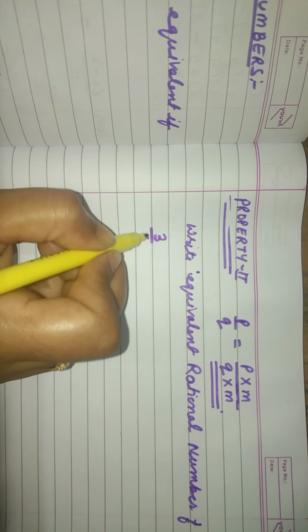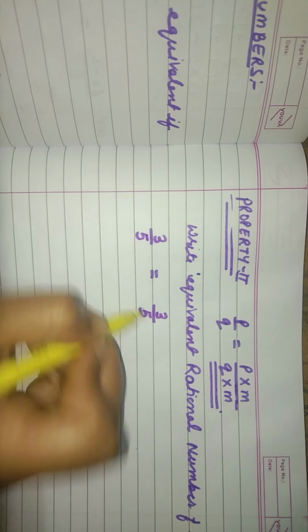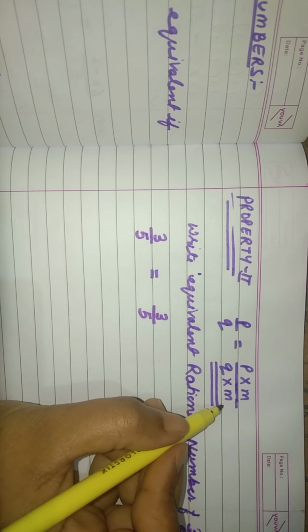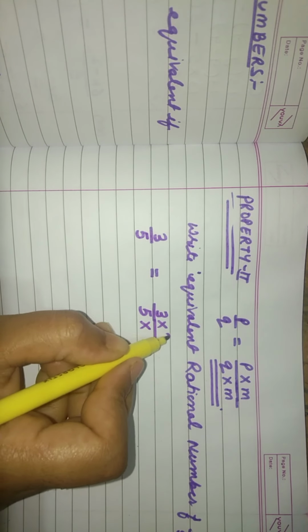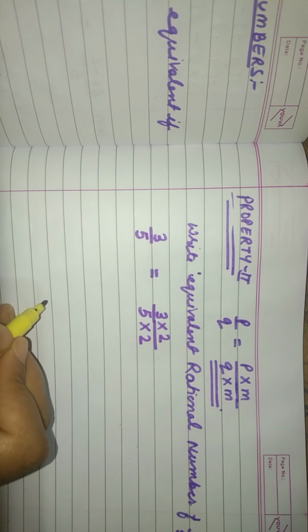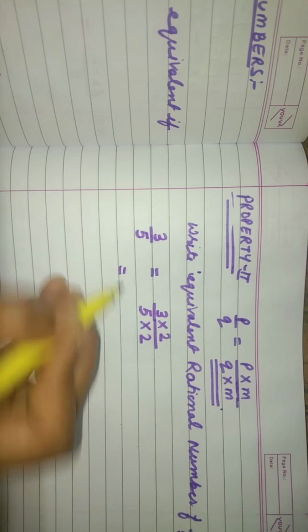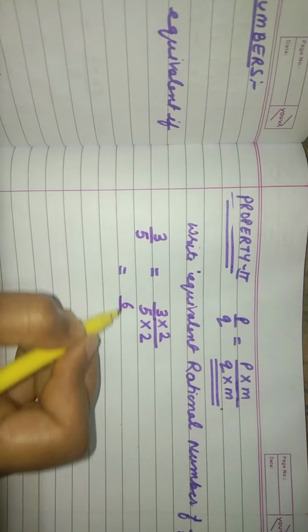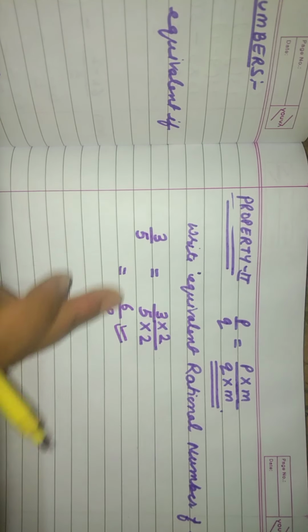What did I say in the property? We have to multiply the numerator and denominator by the same number. M can be any integer. So 3 2s are 6, 5 2s are 10. So this is an equivalent rational number of 3 upon 5.